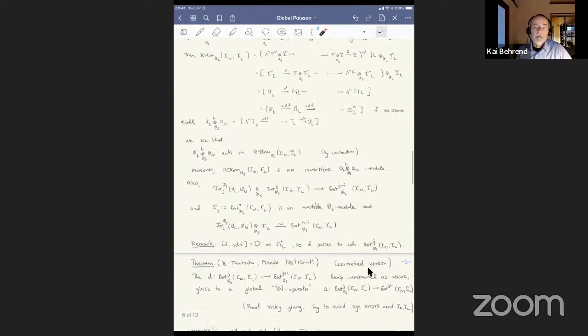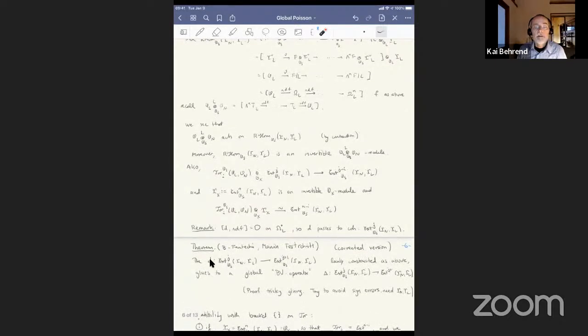And so again, this is something we proved in that Manin festschrift, but unfortunately we screwed up the signs terribly. And so the corrected version of our theorem there is that this d, this extra differential, which I just locally defined for you here from Xj to Xj plus 1, locally constructed as above, glues to a global one, which we call the BV operator, and I call it delta. So it exists globally.